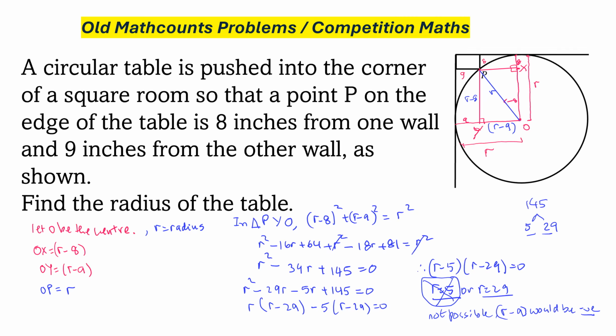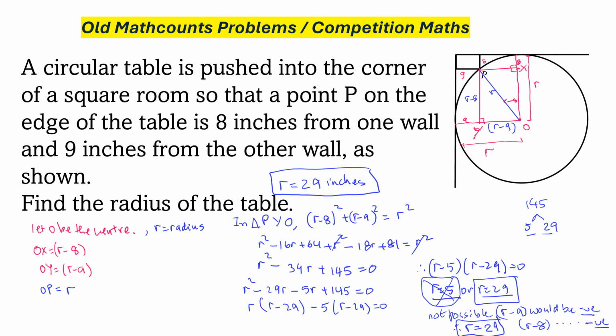So this is not possible. So hence R is 29. Not 99, so 29. Also R minus 8 would be negative, so that is not possible. So R is 29. The answer is 29 inches.